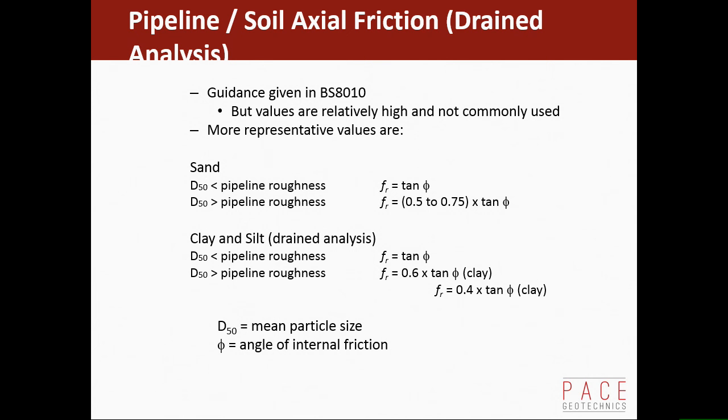However, if you have a smoothly coated pipe, PPE type coating, it's smooth, and the sand particles are more like that. They're not interlocking with the coating of the pipeline. So you have to reduce the friction value to allow for the absence of the interlock. Okay.